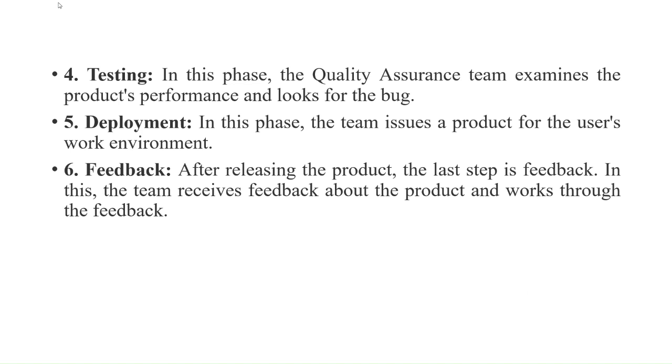Integration testing means we test the whole code at a time and check whether it is running properly and giving the output. That is known as integration testing. System testing means we test the functionalities of the system and check whether it satisfies the requirements. That is system testing. Next phase is deployment.